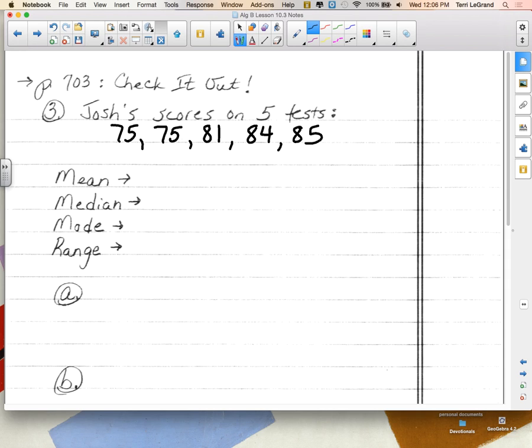Okay, we're going to find these pieces of information about it. Go ahead and find the mean, the median, the mode, and the range. They're already in order for you, so you don't have to do that part.